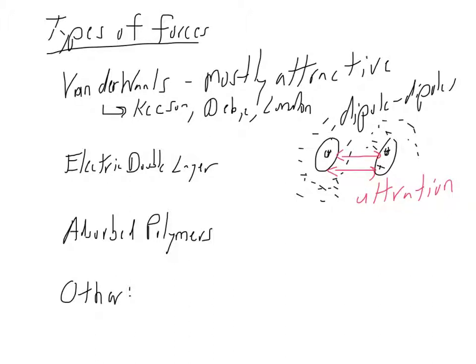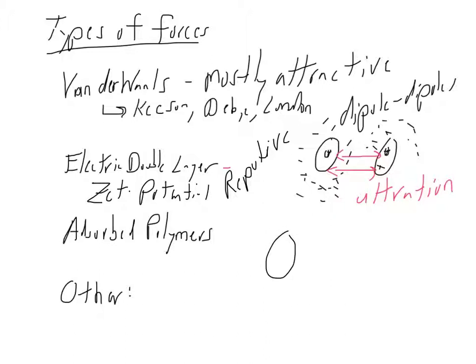The electrical double layer, on the other hand, is mostly a repulsive force. It's only a few nanometers thick, and it can be measured by something called the zeta potential. The idea being that you have some particle that has perhaps positive surface charges on it.